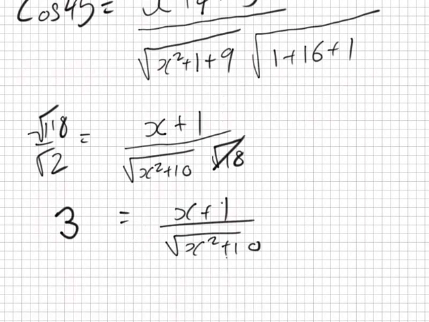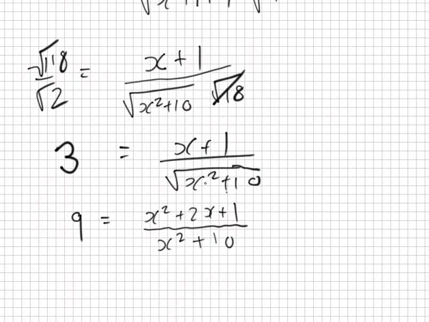Now you definitely don't like the square root there, so the easiest way to get rid of the square root is by squaring. So let's square everything. 9 equals x squared plus 2x plus 1 all over x squared plus 10. Sorry, is that 18 or 10? Yeah, sorry, got messed up there.